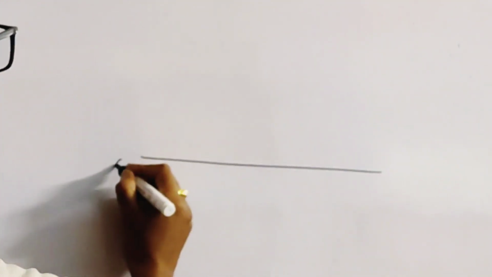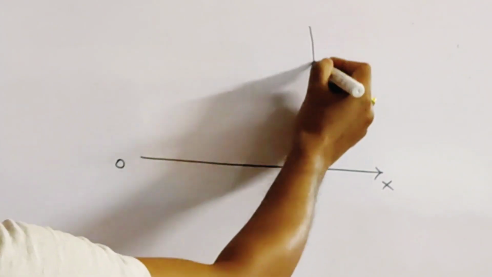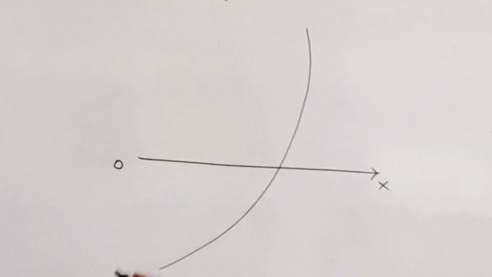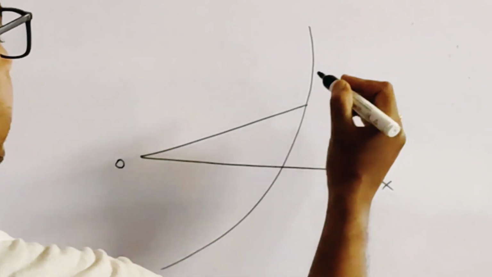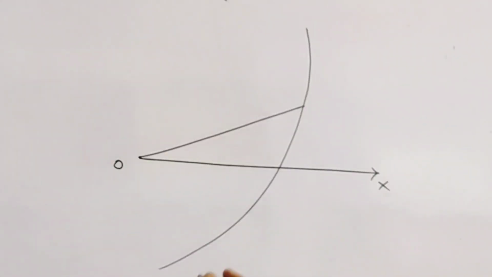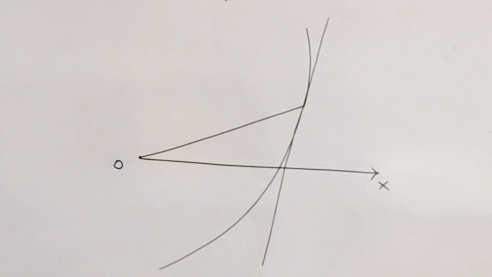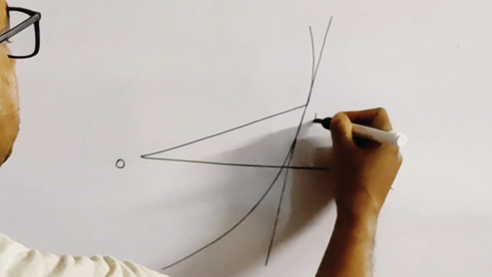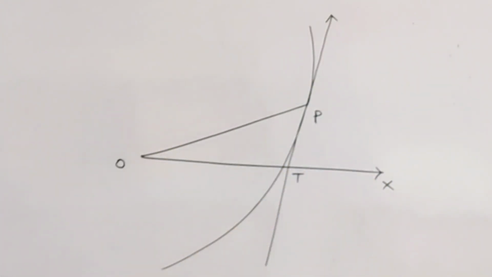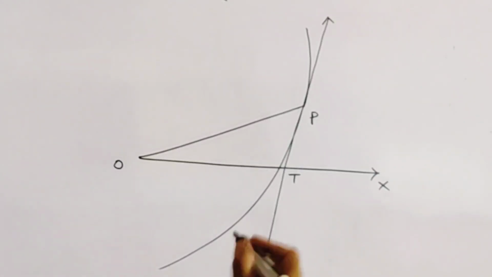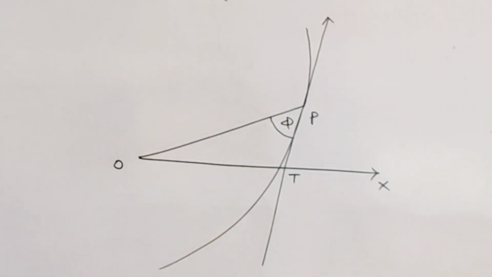Let this be the pole and this the initial line, and this be the central orbit, and let the particle be at P at any time t. The tangent at P, PT, cuts the initial line at T, and this angle is known as phi.